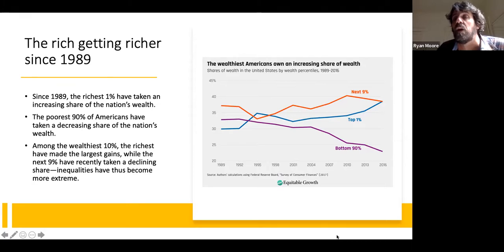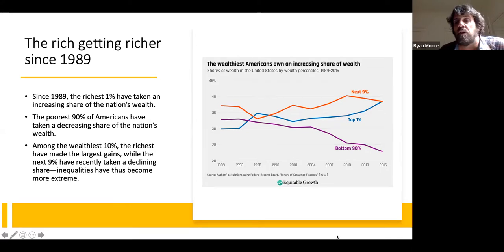So the political system is more and more skewed towards the interests of the 1%, because those are the folks that have the billions of dollars that can fund political campaigns and lobbying, and they have the kind of wealth and power to make sure that their interests are catered to, despite the fact that they represent a small percentage of the population in what is supposedly a democracy, but is increasingly a plutocracy that is run and organized for the benefit of a small but very wealthy and powerful minority.